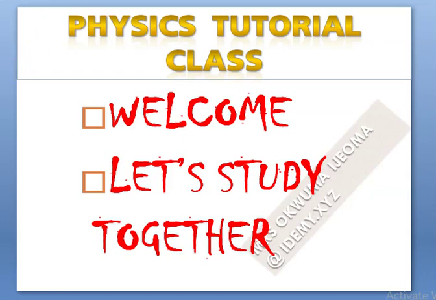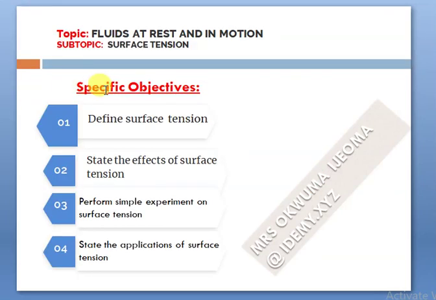Now today we want to look at the topic fluids at rest and in motion, which we call surface tension. Today we want to look at the topic surface what? Tension. Now we go over to the specific objectives.